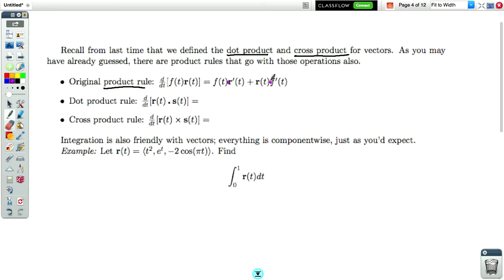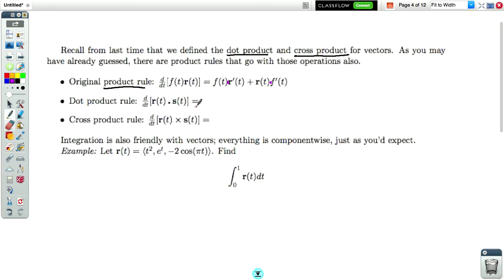That multiplication came from the fact that we were doing a product rule for multiplication. To change this around for the dot product, this multiplication just changes to a dot. And to change this to a product rule for the cross product, this multiplication turns into a cross product.